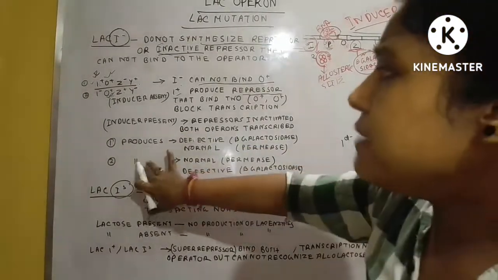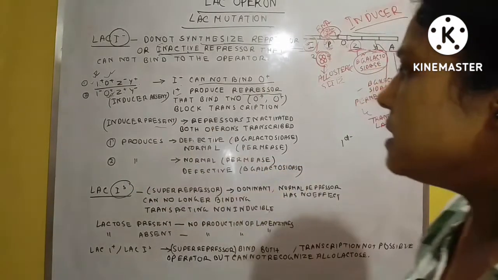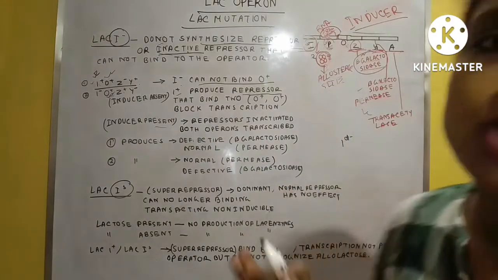But if the inducer is absent, total transcription is not possible.